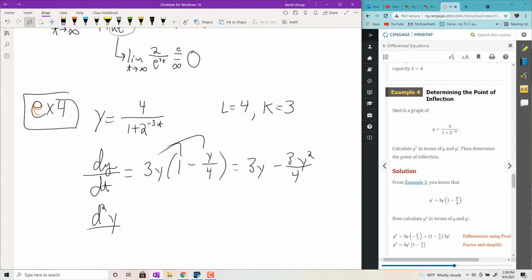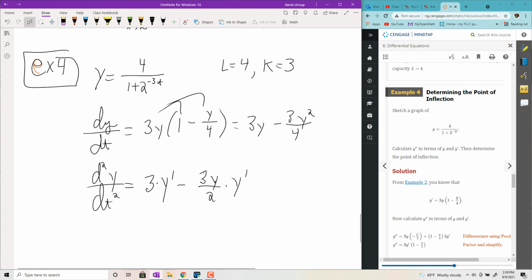So the second derivative with respect to t is going to be, okay, the derivative of 3y is 3 times 1 times y prime. And then minus the derivative of this thing will be, bring down the 2, so you'd have 6y all over 4, which would be 3y all over 2 times y prime.